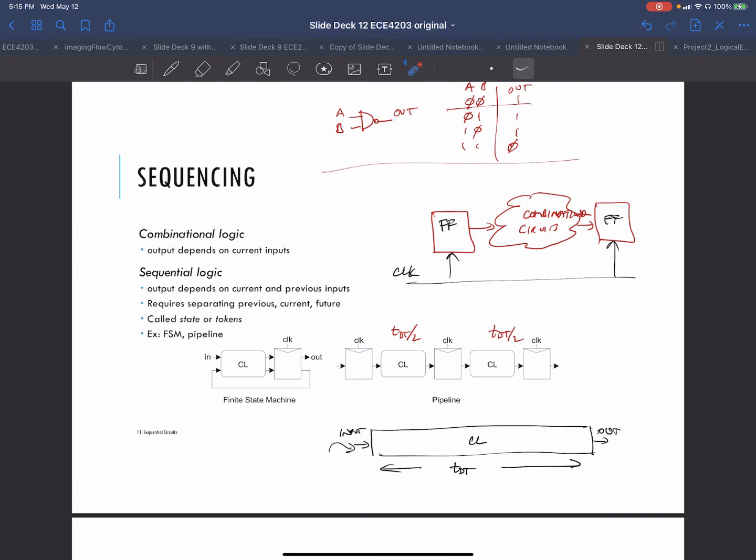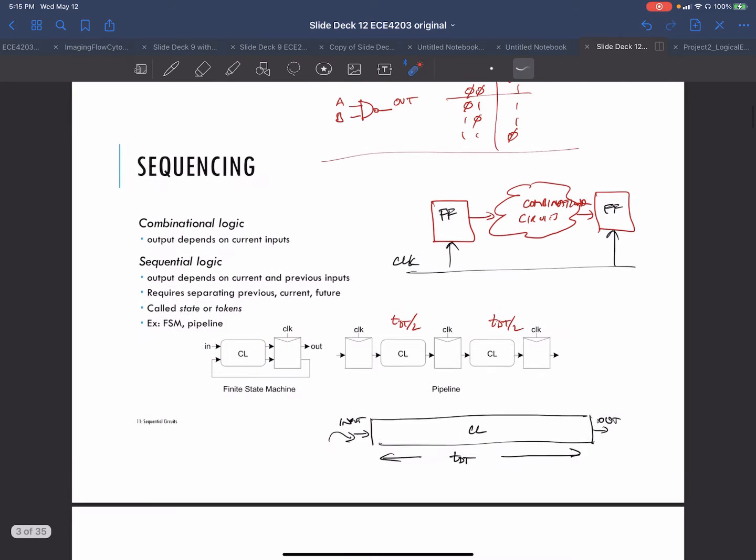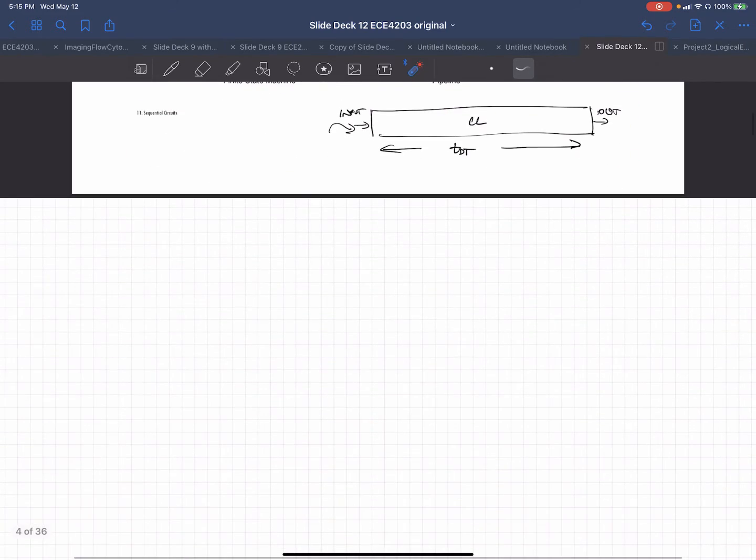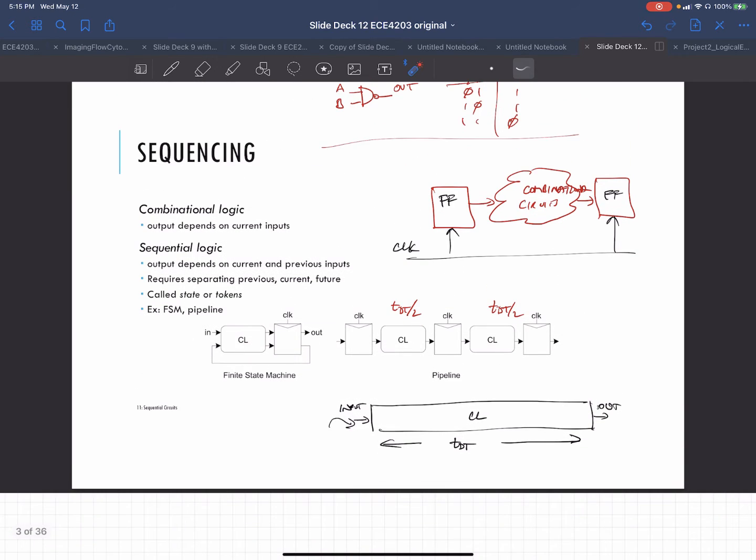Okay, so those are all examples of things that require elements that can distinguish between what happened previously and what will happen next, etc. Now, one of the main aspects of sequential circuit design is that there's a clock going into flip-flops, a clock going to latches, to have an idea of time for a circuit.